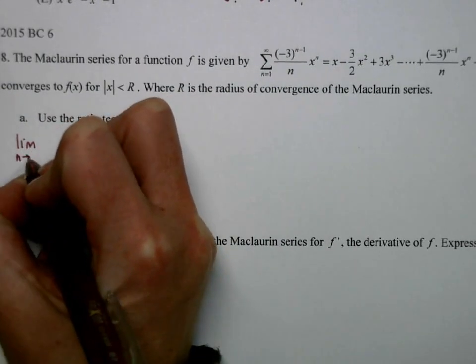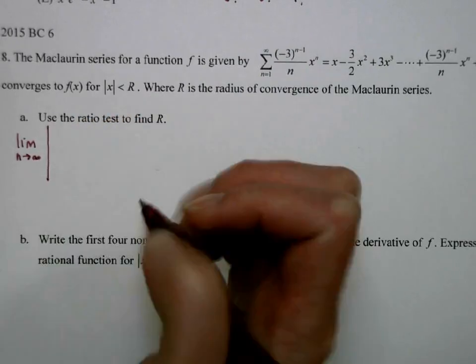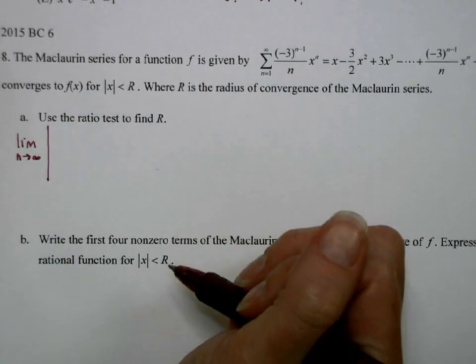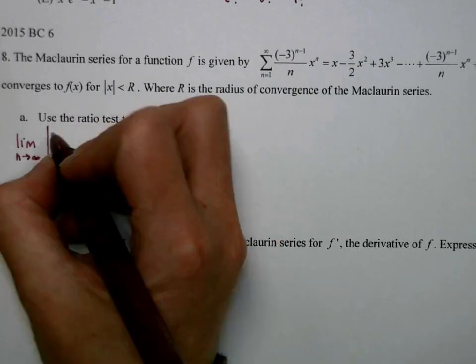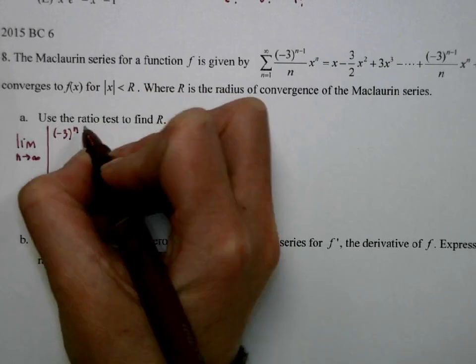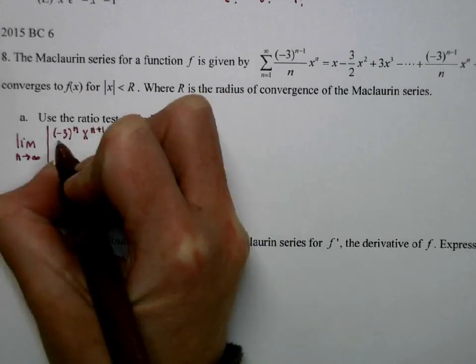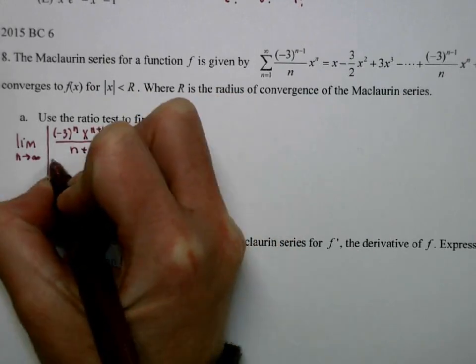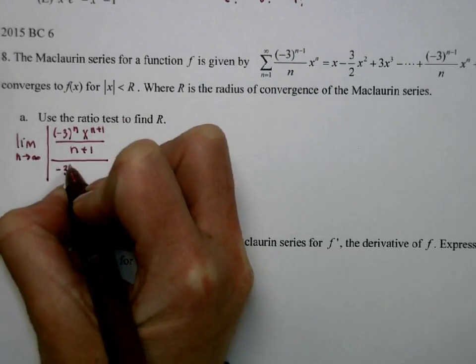Okay, so I'm going to take my general term and add 1 to it. So that's going to be negative 3 to the n, x to the n plus 1 over n plus 1, over negative 3 to the n minus 1, x to the n over n.